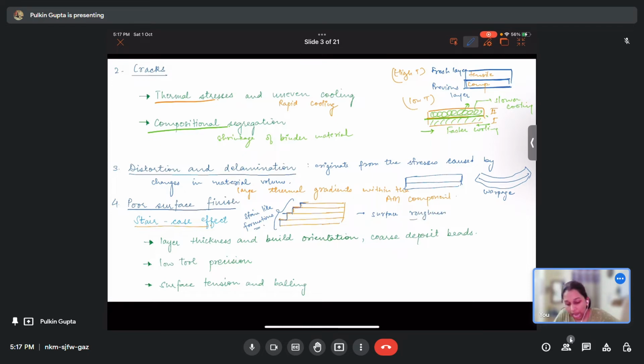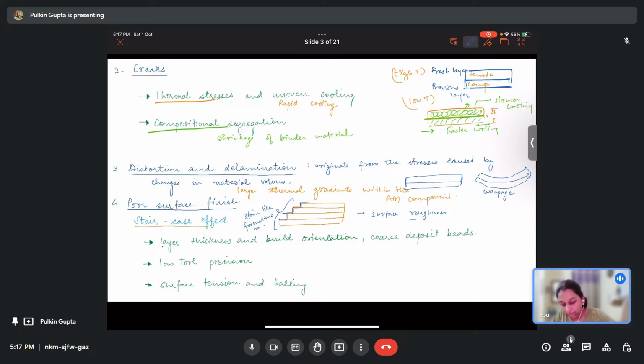Now, what factors are responsible for this, or what can be the remedies? The factor associated with the staircase effect is layer thickness. The higher the layer thickness, the higher the surface roughness because of the staircase effect.